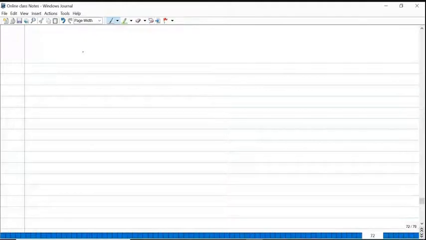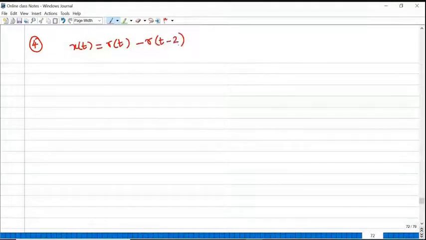Right, so what is the problem number? I think 4. Correct. So x of t equals r of t minus r of t minus 2. So many problems are available. We see the reference books, Signals and Systems by Ramesh Babu textbook, as well as Signals and Systems by Oppenheim textbook.